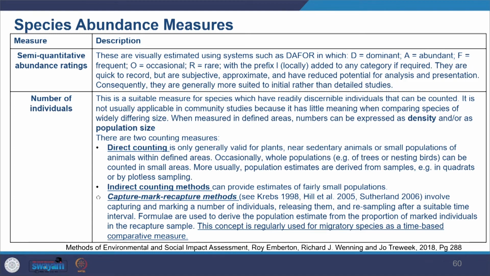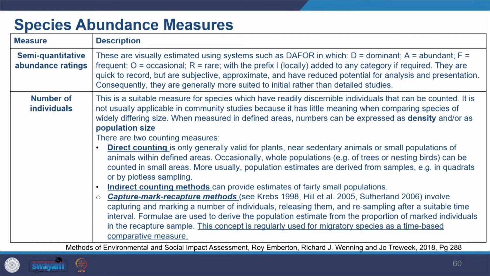And then animals which are not very mobile can also be counted by direct counting. Other small populations of animals within defined areas can be surveyed using the direct counting method.